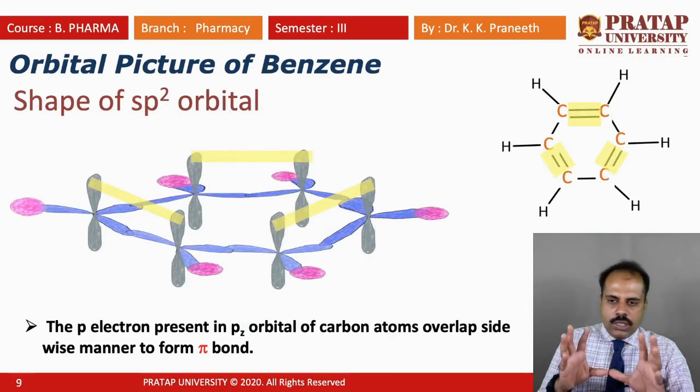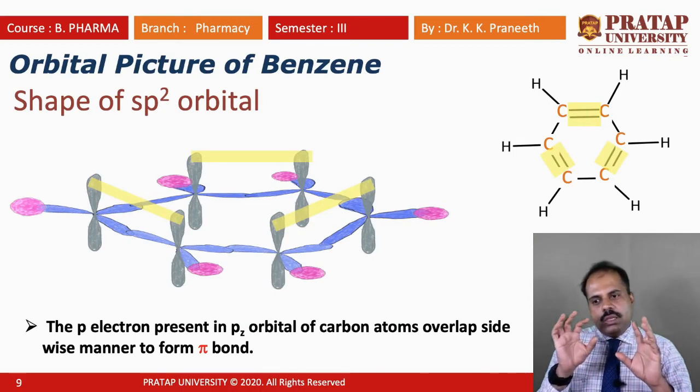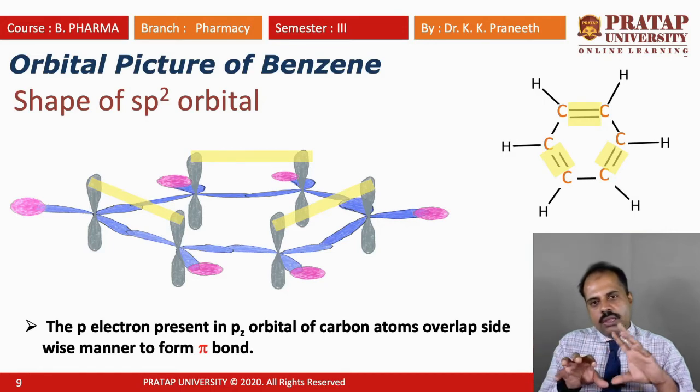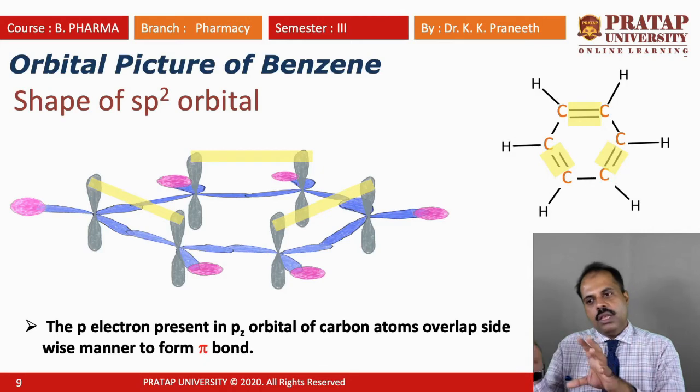So we change the double bond by moving it. The important point is the sigma bond is formed by direct overlap of the sp2 hybridized orbital with the second sp2 hybridized orbital of carbons, and also from the sp2 hybridized orbital of carbon with the 1s orbital of the hydrogen.